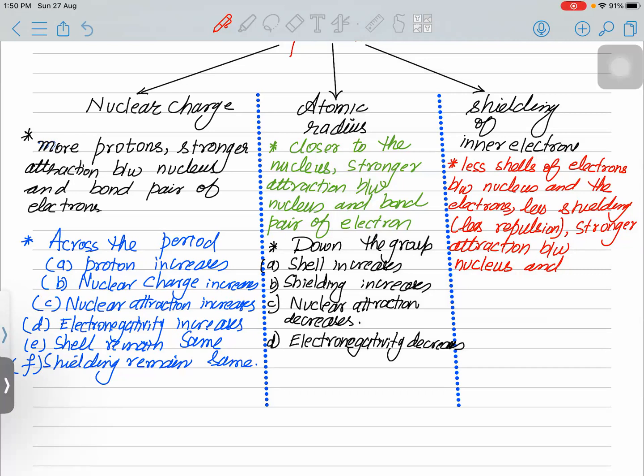Attraction between the nucleus and the bond pair of electrons. So as the shielding increases, electronegativity decreases.